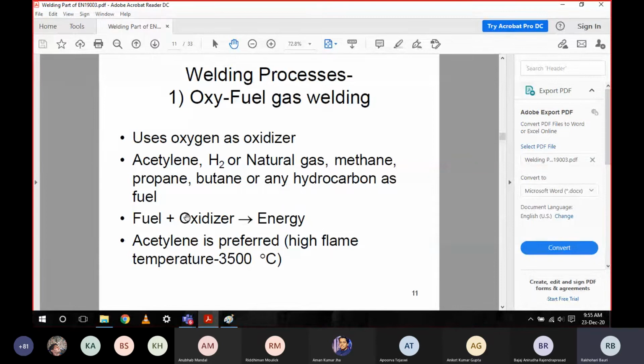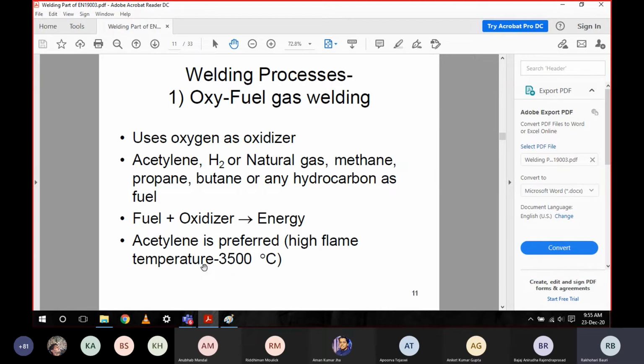You burn the fuel in presence of oxygen and get the heat source used for melting and joining. Acetylene is preferred because you get very high temperature.